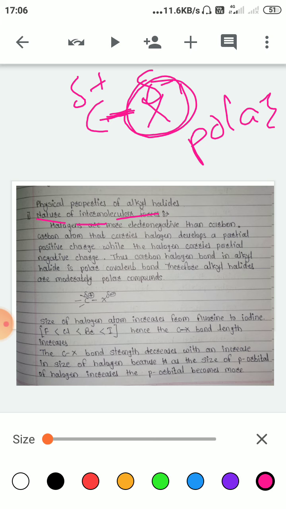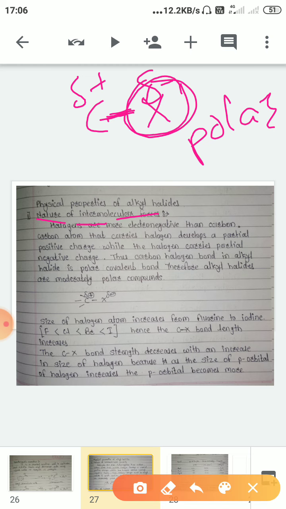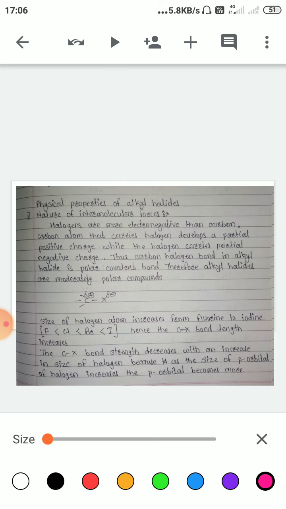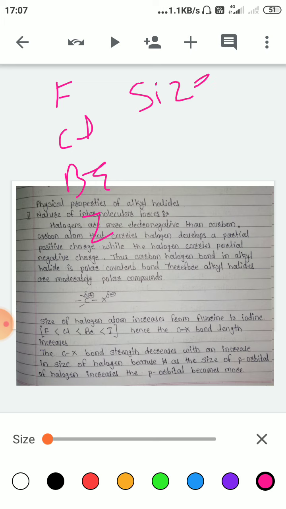Now we have to compare the bond length and bond strength. Previously we have seen fluorine, chlorine, bromine, and iodine. As the atomic number increases, the size of halogen increases from top to bottom.